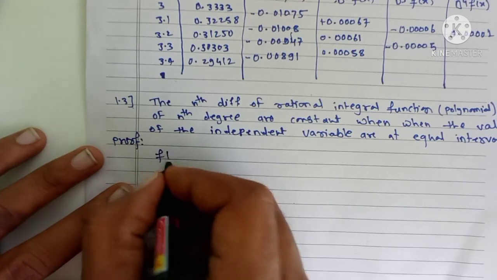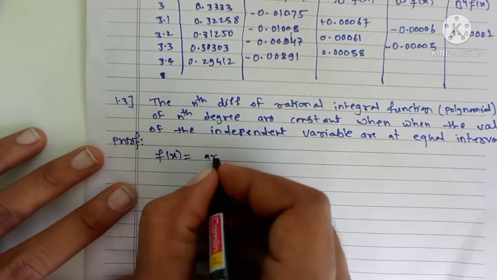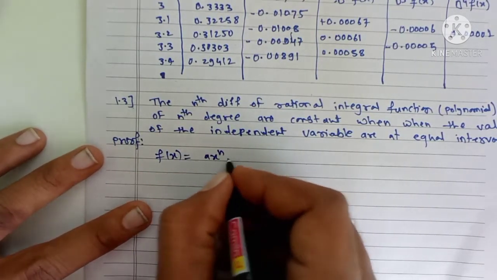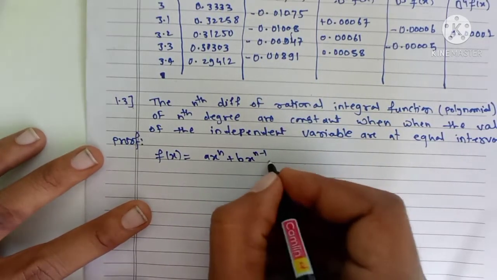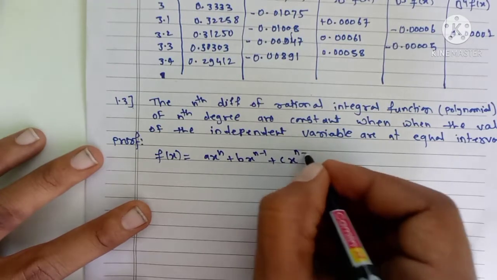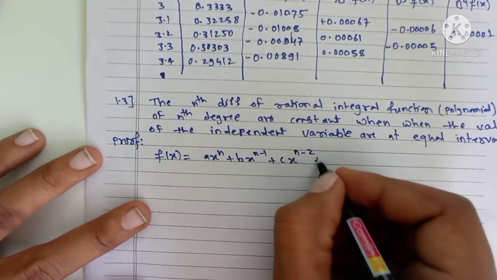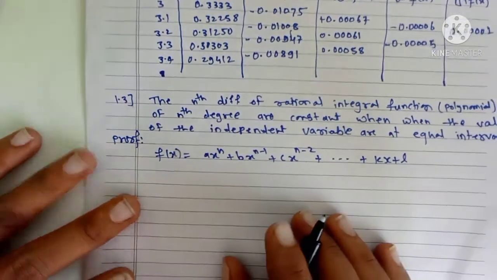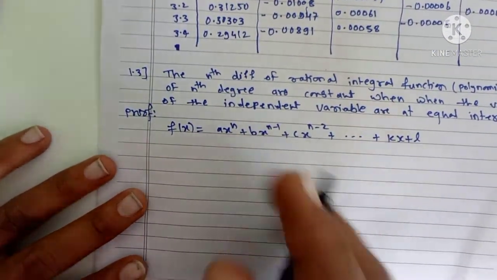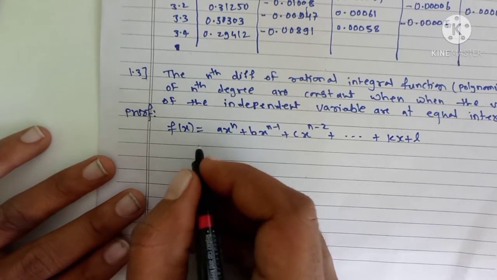Let f of x be the polynomial of nth degree, ax raised to n plus bx raised to n minus 1 plus cx raised to n minus 2 plus and so on plus kx plus l. This is the polynomial of nth degree. Now let us find f of x plus h.